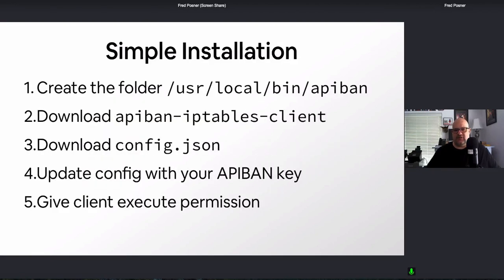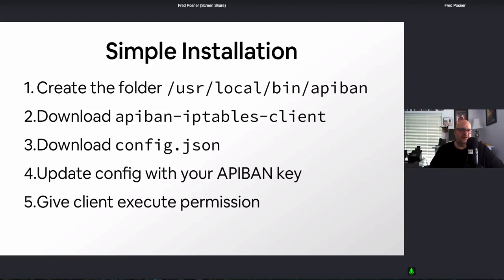The installation couldn't be simpler. You just create a folder. The example that we use is usr/local/bin/APIBAN. Create that folder, download the APIBAN IP tables client, which is actually called APIBAN IP tables client because I am incredibly imaginative with names.